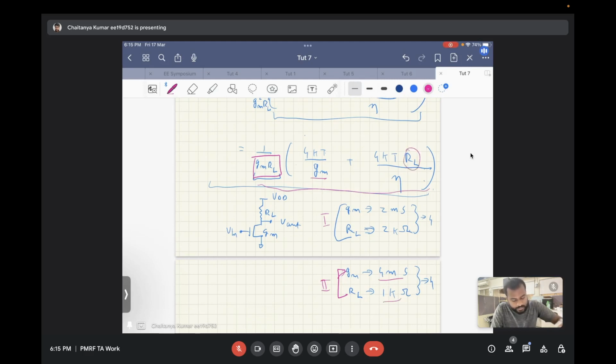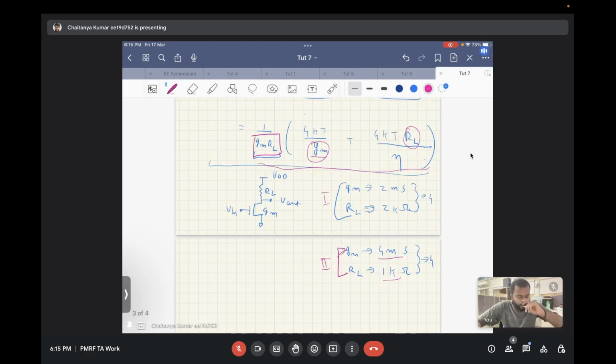Again, since RL is in the numerator and Gm is in the denominator, it makes sense to choose a higher value of the transconductance and a lower value of the load resistance to get overall better noise performance.